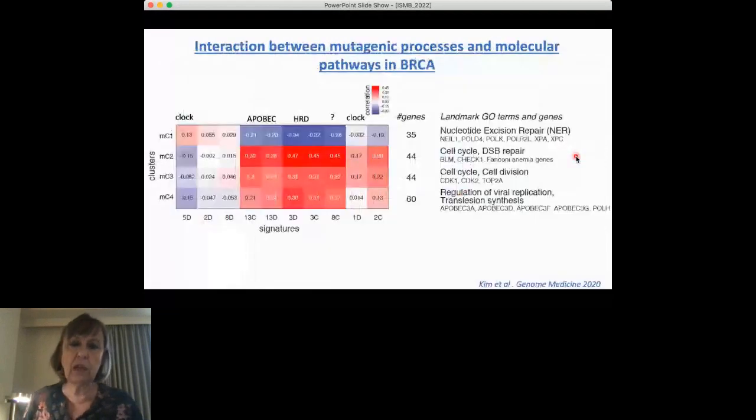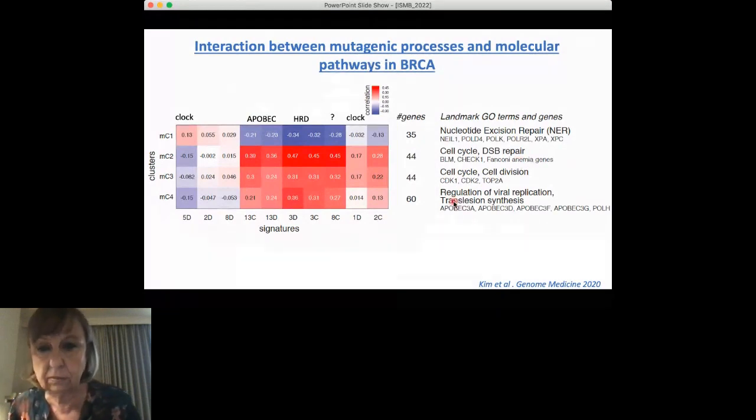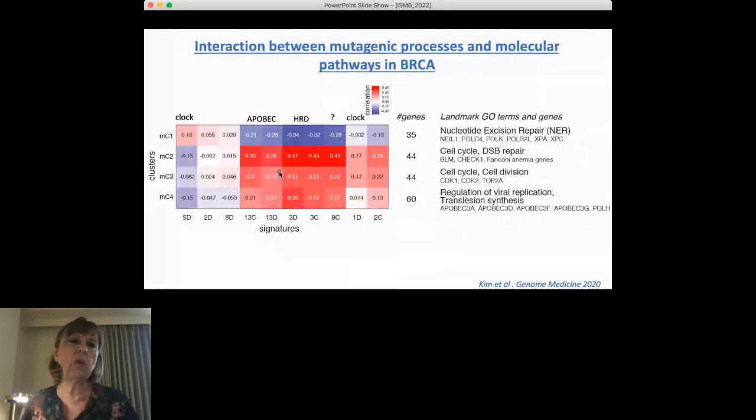As an example, we analyzed breast cancer data in this way, trying to understand what are the molecular underpinnings of the mutational signatures that are observed in breast cancer.